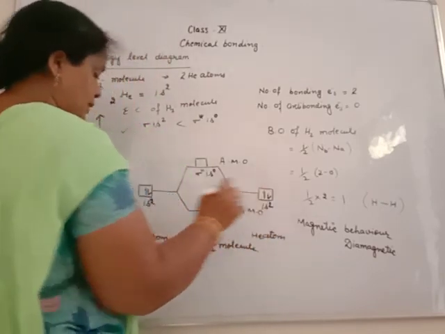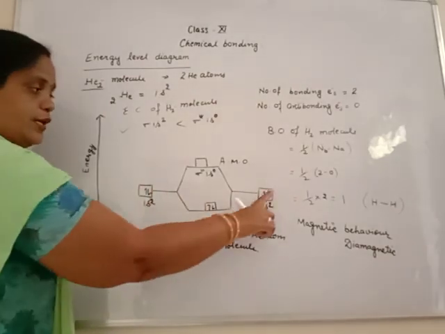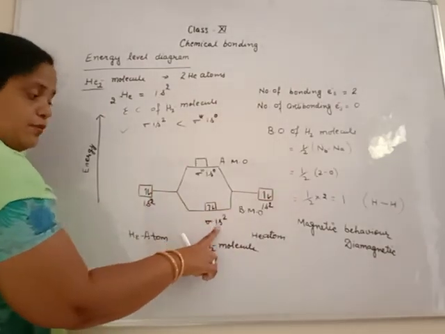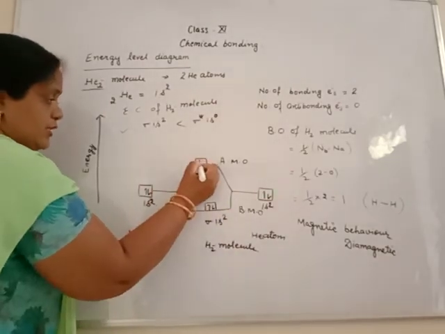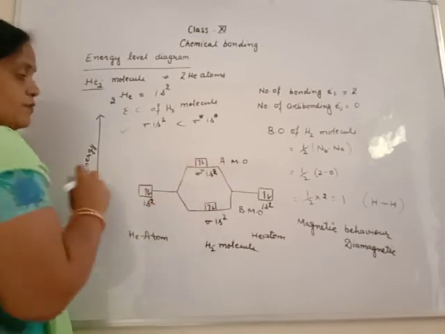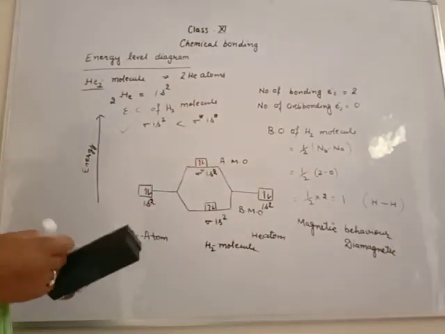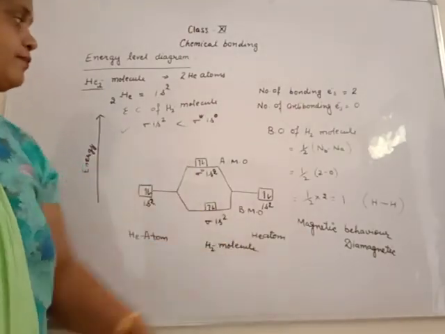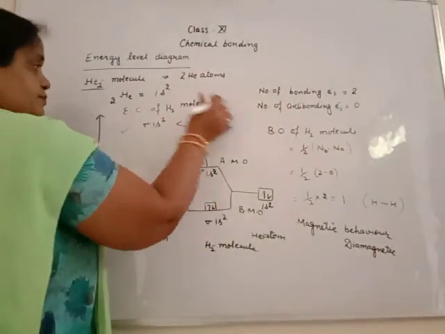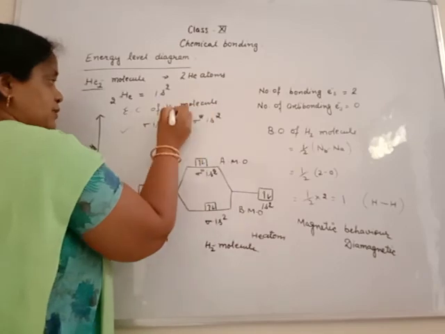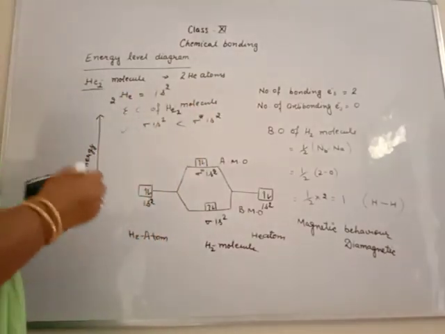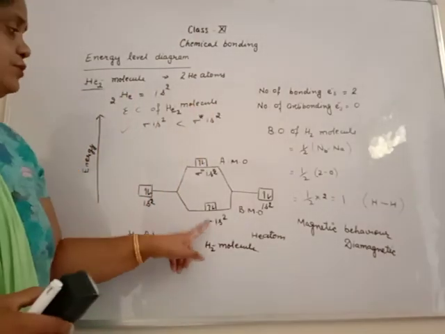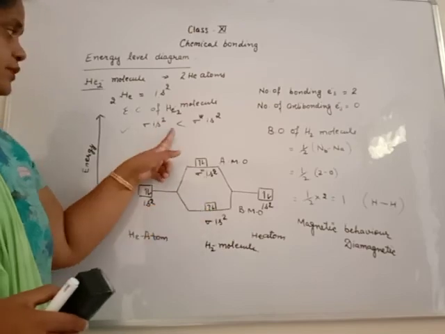Now we have 4 electrons, 2 in sigma 1s and 2 in sigma star 1s. Beta, in the molecule all electrons are paired, diamagnetic. The electronic configuration of the helium molecule is sigma 1s2, sigma star 1s2.